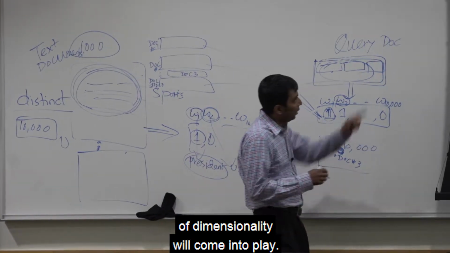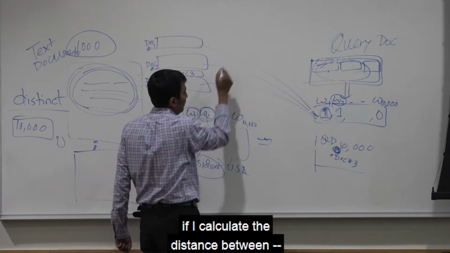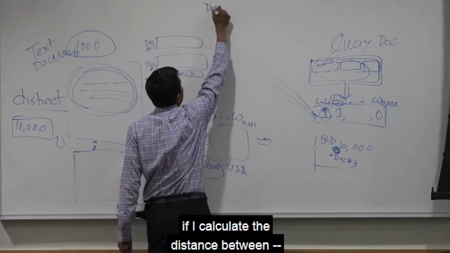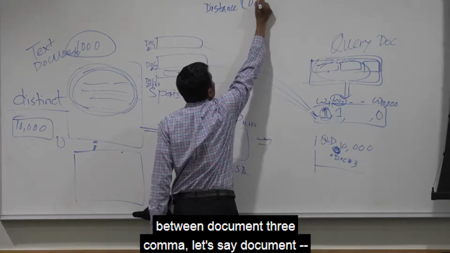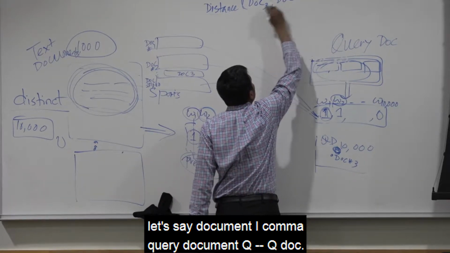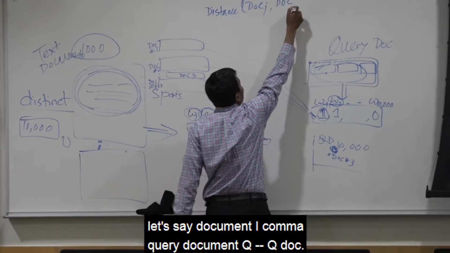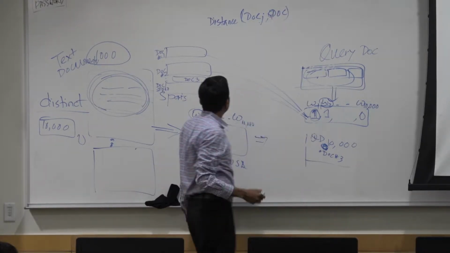So now how does the curse of dimensionality come into play? What will happen if I calculate the distance between document I and the query document q doc?